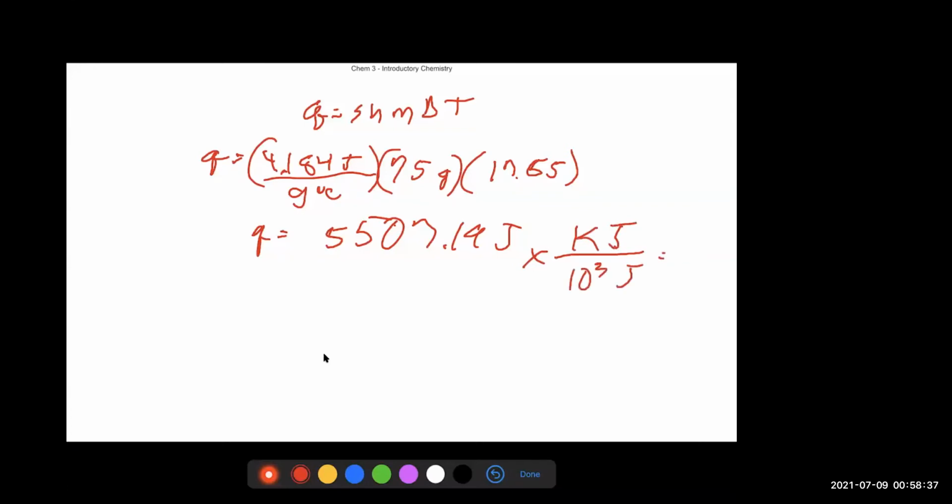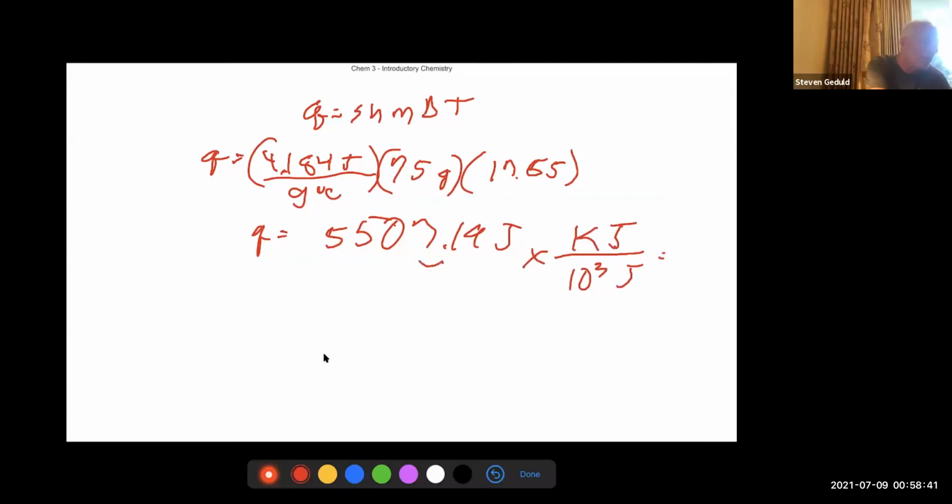So you move the decimal point 3 places to the left. 1, 2, 3. So it should be 5.51 kilojoules, because the 0 rounds up to 1 since it's followed by a 7. Yep, 5.51 kilojoules. Does that make sense now, Tara?